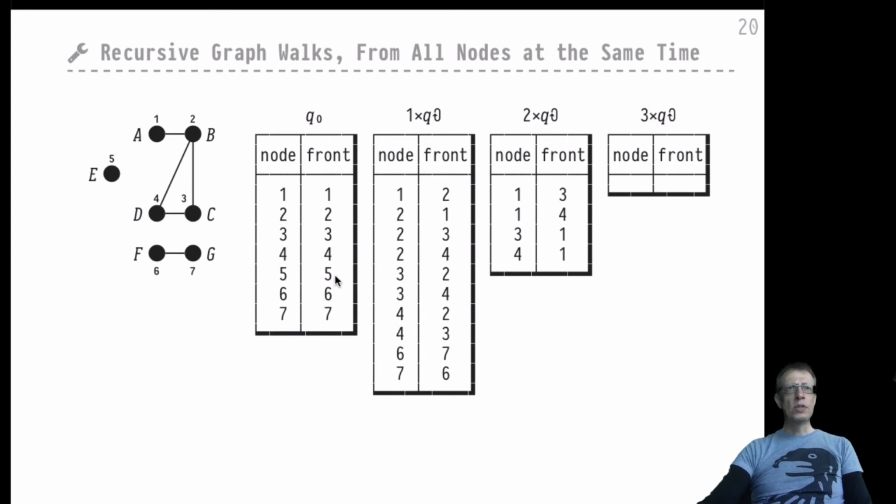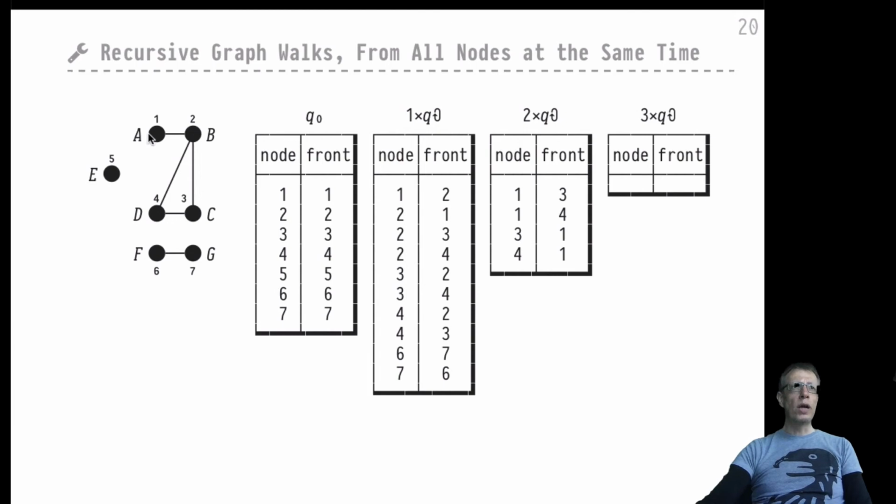Okay, so in the next iteration, we would of course follow the edges of the graph. So A can reach itself. Q0 has told us so much. Of course, A can reach any node that is recorded in the graph relation.